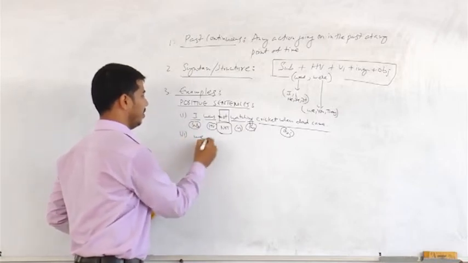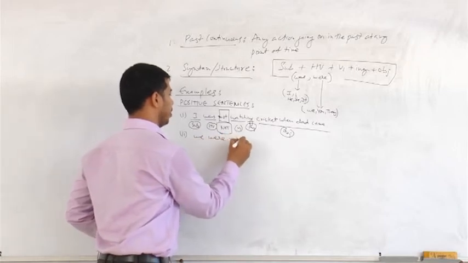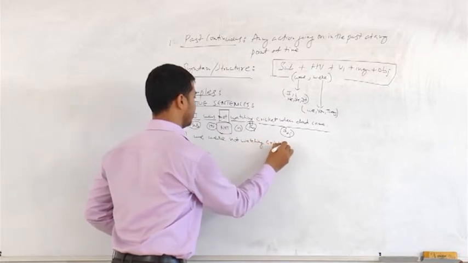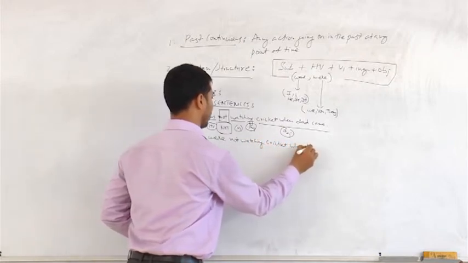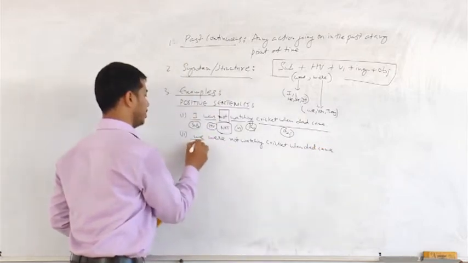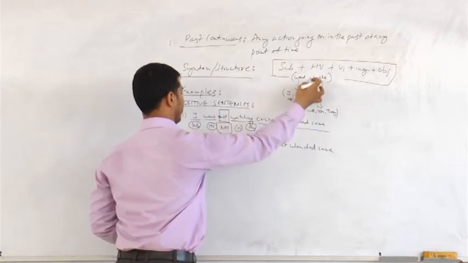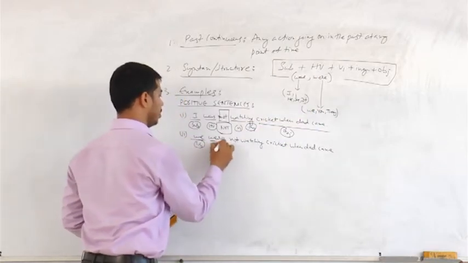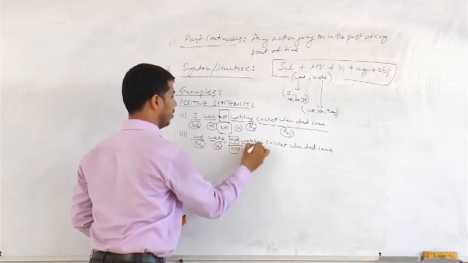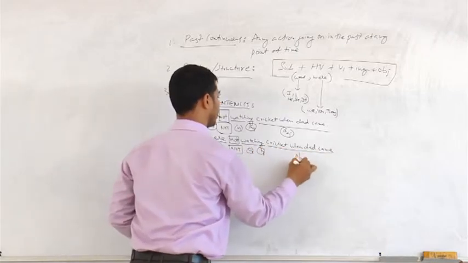Let us see with we. We were not watching cricket. We, subject, with personal pronoun we make use of were helping verb, not, implying negative meaning, watch v1 ing, and this one becomes object.